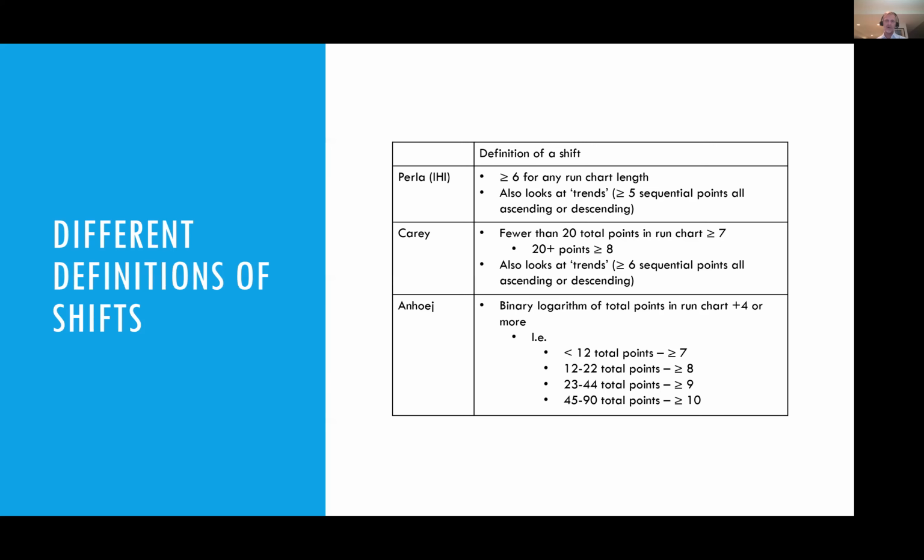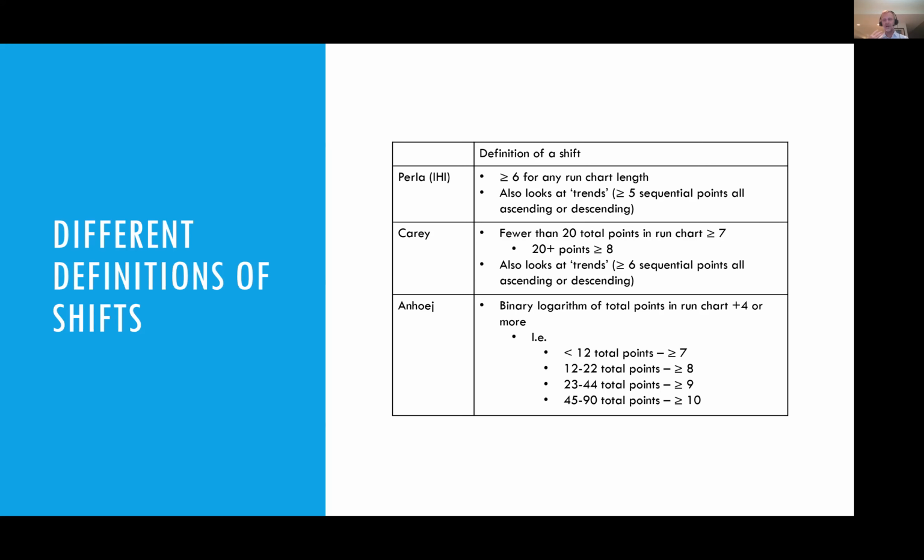And then there's what is called the Anhoj rules, which are calculated to give a less than a 5% chance of having a shift for any length of data. So that's a bit more complicated. They look at the binary logarithm of the total number of points in the run chart. So the binary logarithm of 2 is 1.